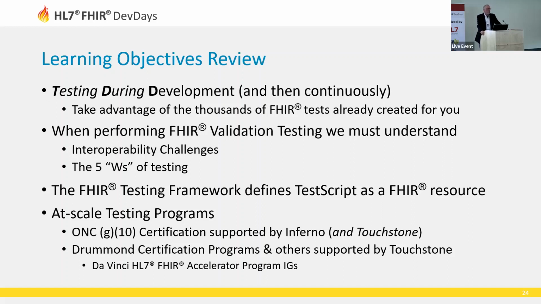And then FHIR itself has a testing framework, and we encourage other organizations who want to develop testing engines to follow that framework. At-scale testing programs: ONC G10 certification, currently supported by Inferno. We, Aegis, are waiting for our final approval to also be another testing platform for G10 through Drummond. Hopefully we'll be hearing that relatively soon. But then there are the other Drummond certification programs that you find for the CMS guidelines and those various APIs that you saw.